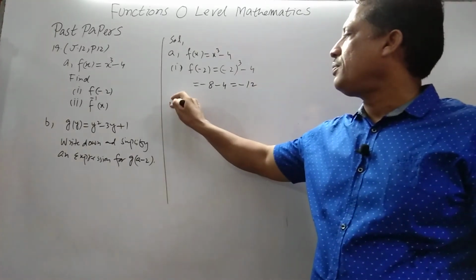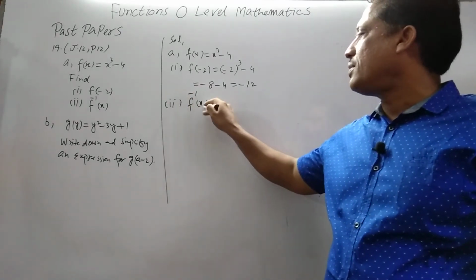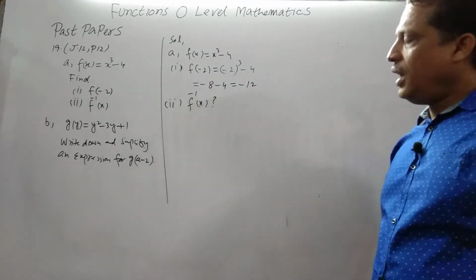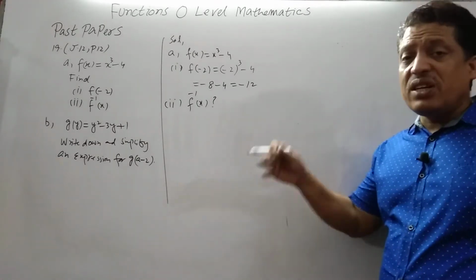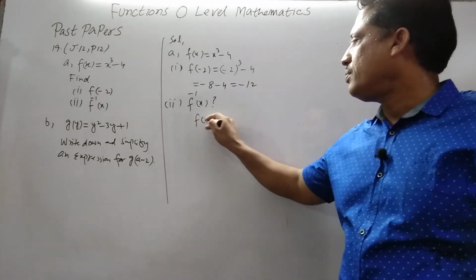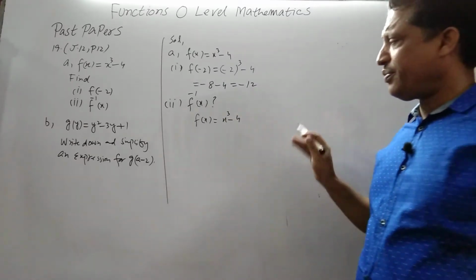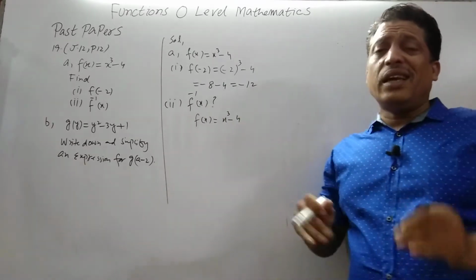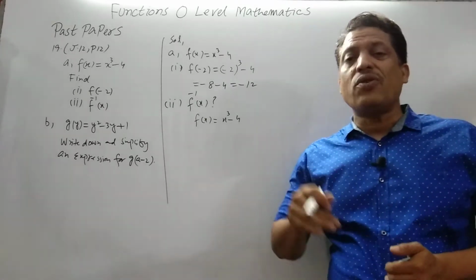Come to part 2. What is part 2? F inverse x. Student, whenever you find the inverse of a function, there are many ways to find it, but there is one secure way.